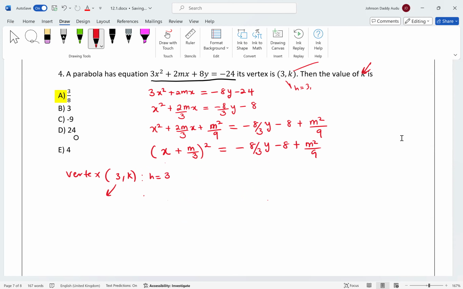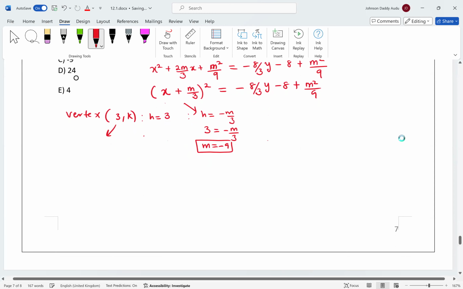So we compare these two. Our h here is just going to be minus m over 3, and 3 is equal to minus m over 3. So m is equal to minus 9.